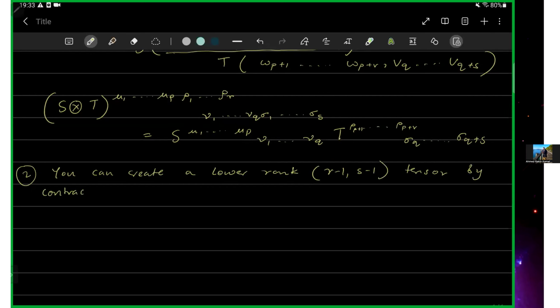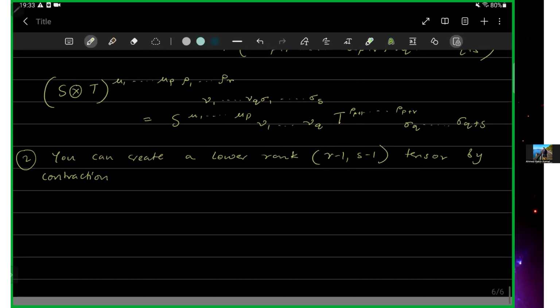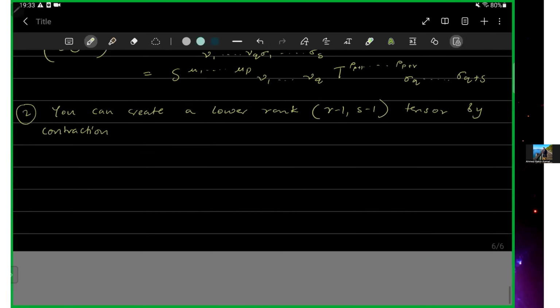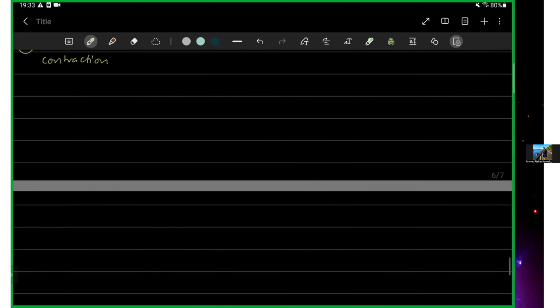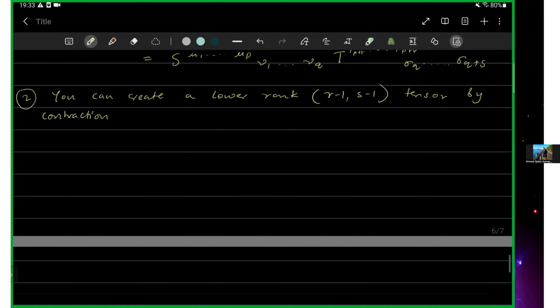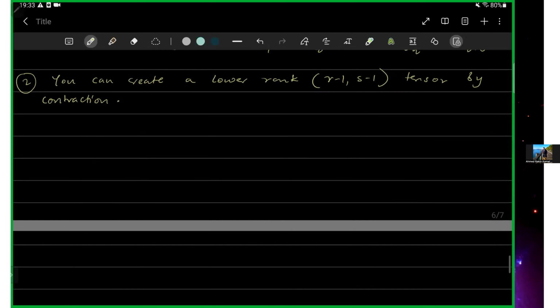Okay, these are the two very important tensor operations. Now, in terms of components, what I mean by contraction is defined as summing over one upper and one lower index. Okay, so if you want to see that, for example, you can write a tensor as such, right?